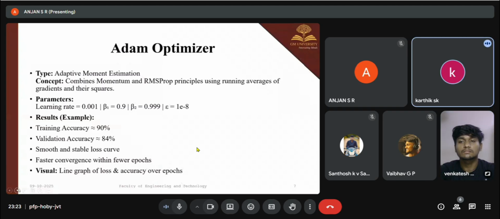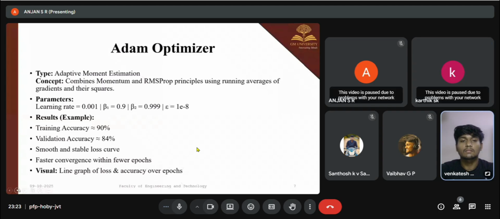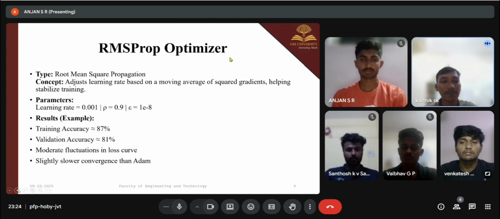Next is the RMSprop optimizer, which stands for root mean square propagation, where it adjusts the learning rate based on a moving average of the squared gradient, helping stabilize training.